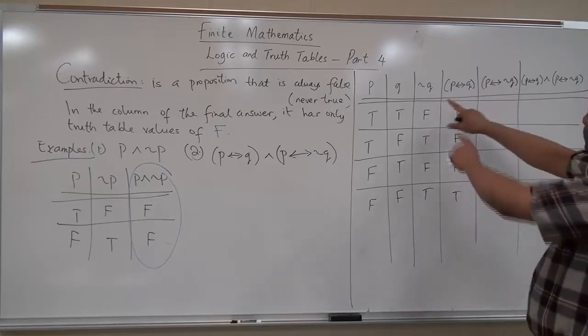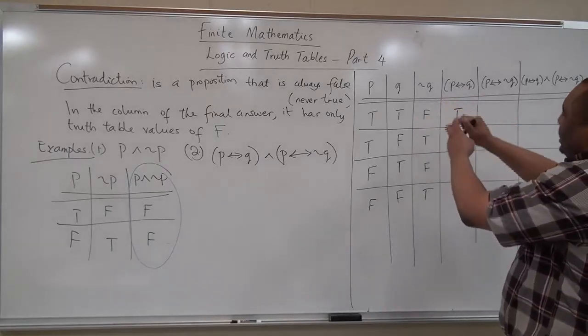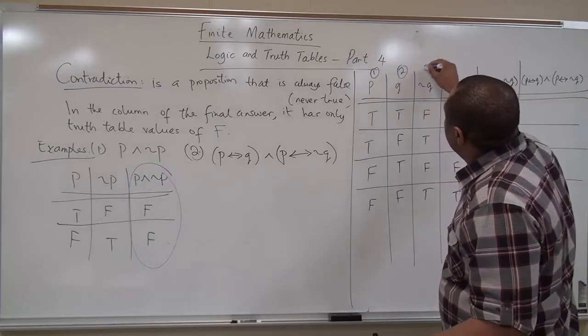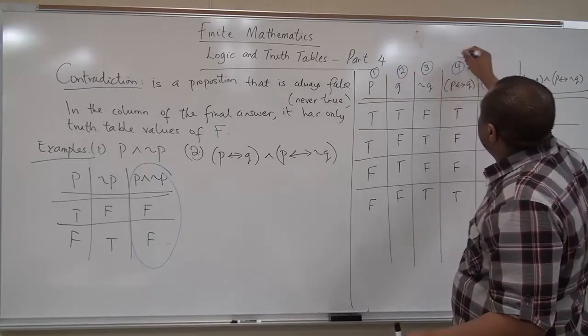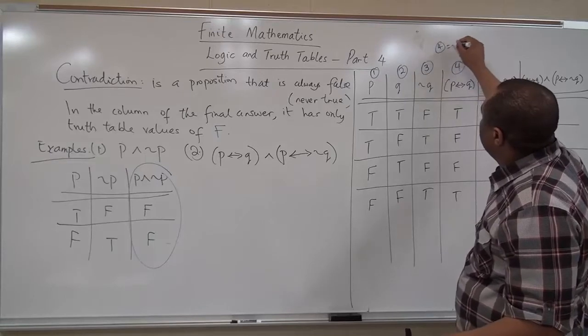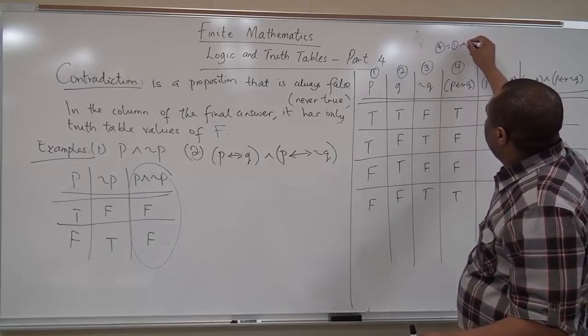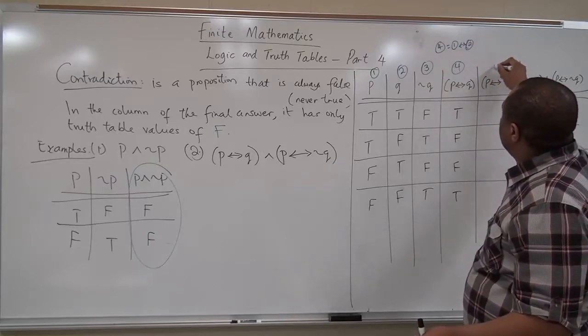Then P if and only if not Q. Remember, we are looking at this. This is column 1, column 2, column 3, column 4. Now, column 4 is column 1 if and only if column 2. Then this is column 5.